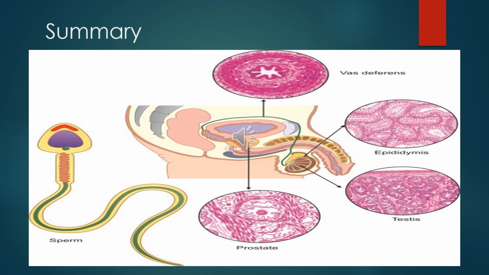The next one is vas deferens. Here the wall consists of three layers. Mucosa, which consists of the lining epithelium and the lamina propria. The lining epithelium is simple columnar in the proximal part.